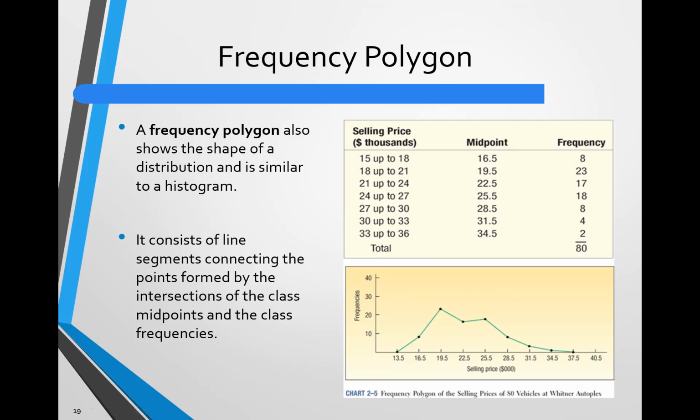So frequency polygon is a way to show your data as a trend. If you want to see a trend in your data, then this line chart is very useful.